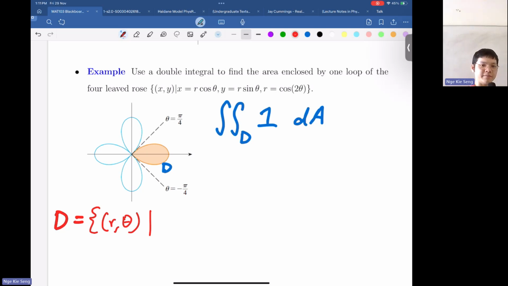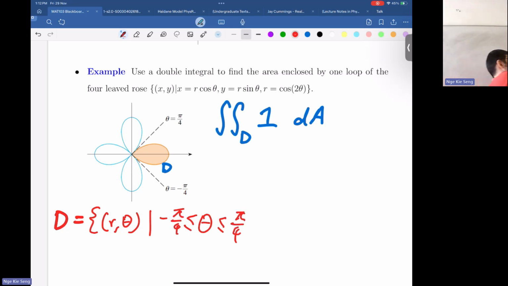What's the angle, what's the radius you need to use? Which one is easier to see, angle or radius? Angle, right. Angle from where to where? Minus pi over 4 to pi over 4.